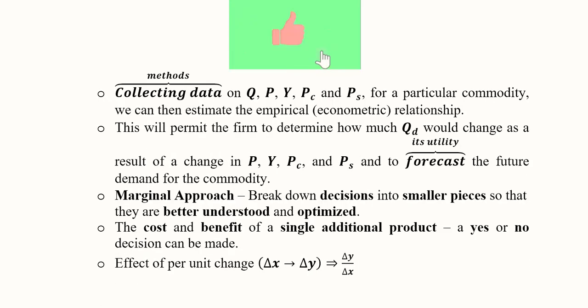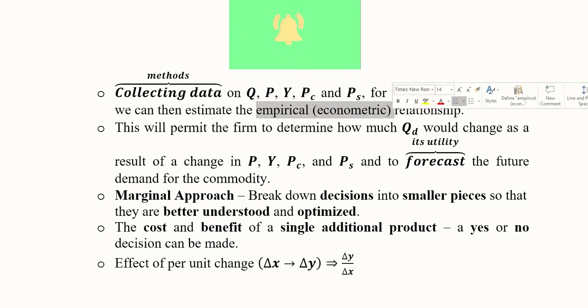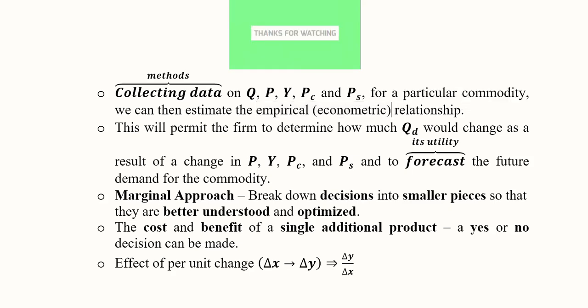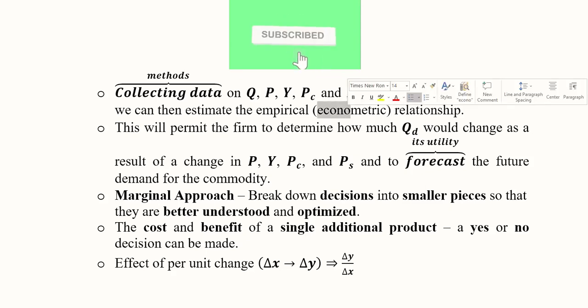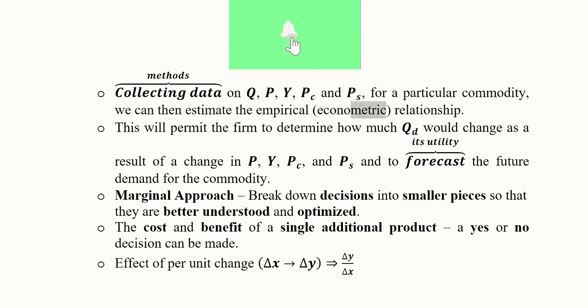So how can we analyze this situation in which these variables are involved? We can resort to data collection methods. There is more than one data collection method, and once we use a suitable one, we can do the empirical analysis, and that can be an econometric analysis because we are dealing with economic variables and we are trying to measure their relationship.